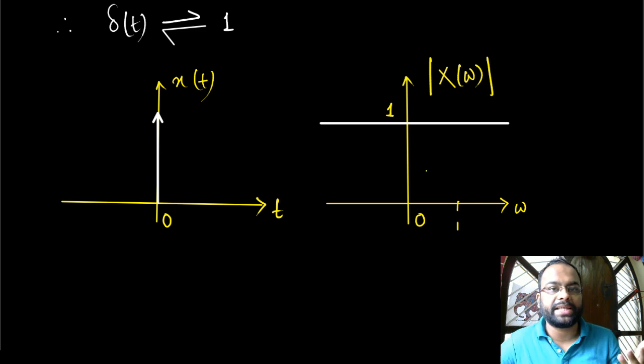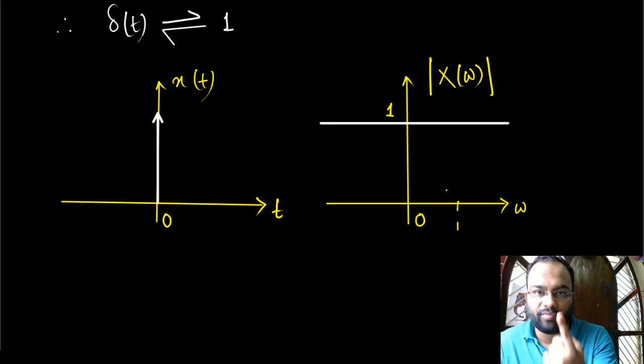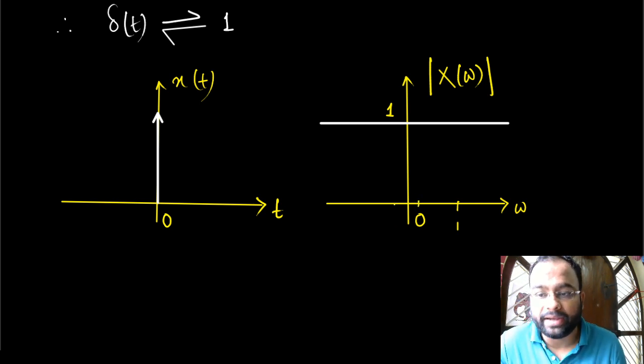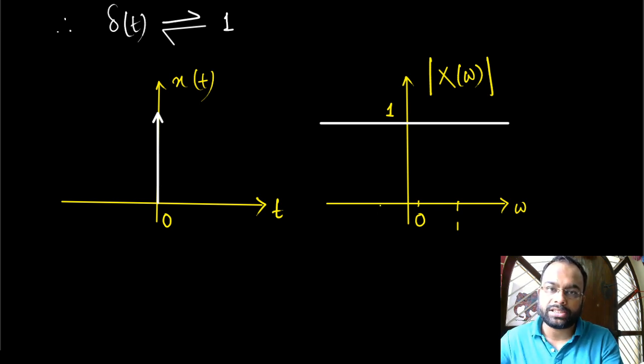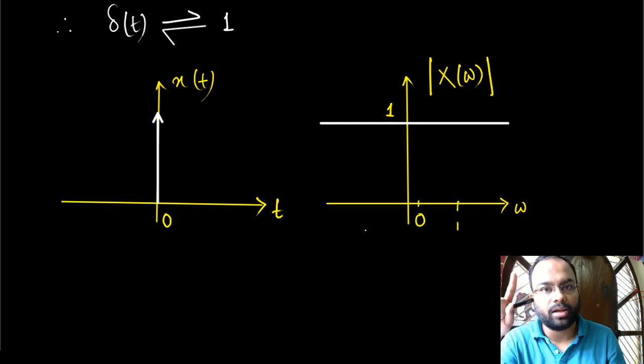If I ask you, what is the amplitude of the 0.1 radian per second component present in it? The answer would still be 1. And if I ask you, what is the amplitude of the 1000 radian per second component? The answer would still be 1. The answer is always 1.